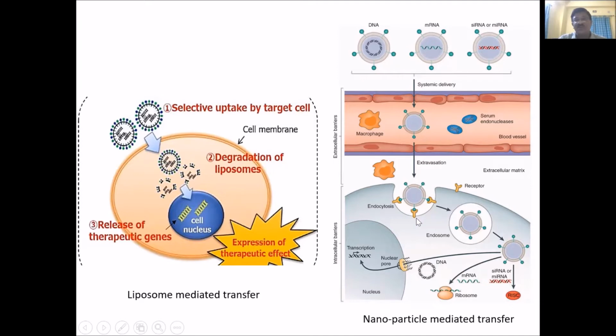Then it will reach the target cells, and by receptor mediated endocytosis, as you can see there, it will enter into the target cell and do its function. So these are the two common methods to increase the targeted delivery of the double-stranded RNAs, or to increase the benefit of your siRNAs and microRNAs.